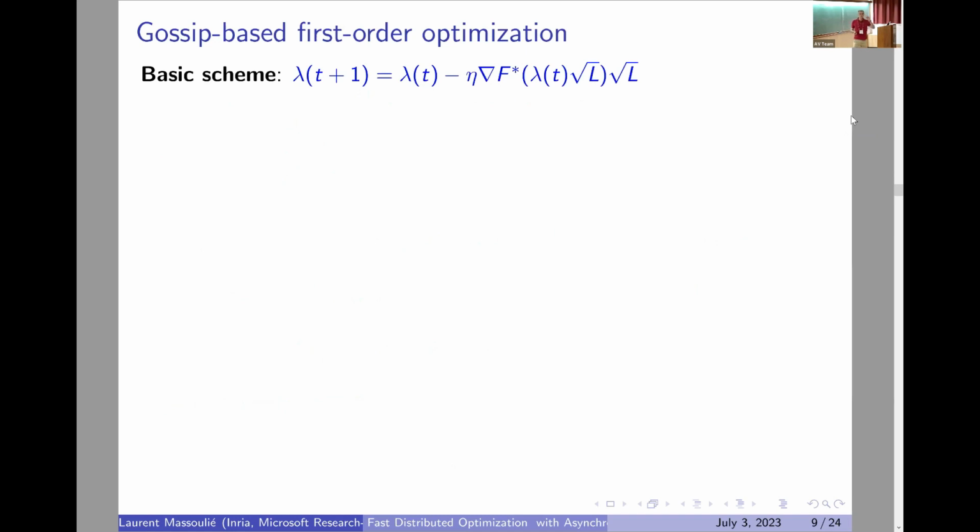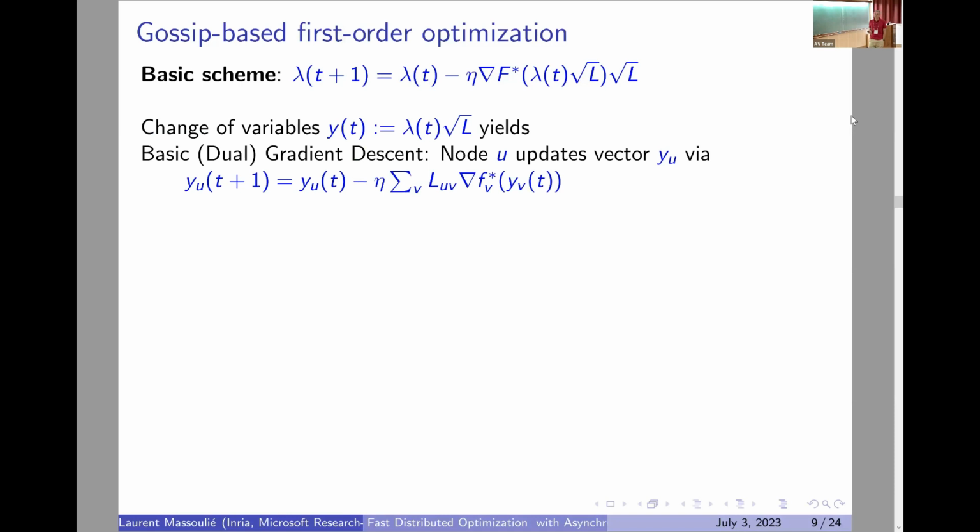Let's start with a basic solution from the textbook on convex optimization: first order gradient descent. That reads: lambda t plus 1 is lambda t minus some gain parameter times the gradient of G, which reads gradient of f star at lambda t times root L times root L. A change of variable will make that look much nicer if we write lambda root L as y t.